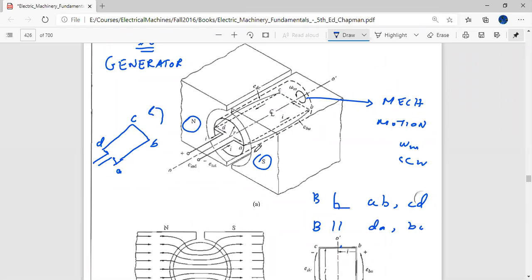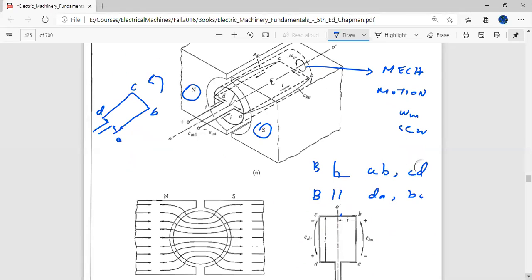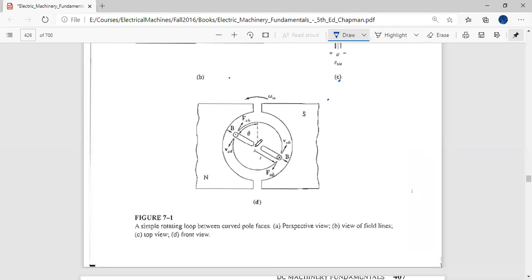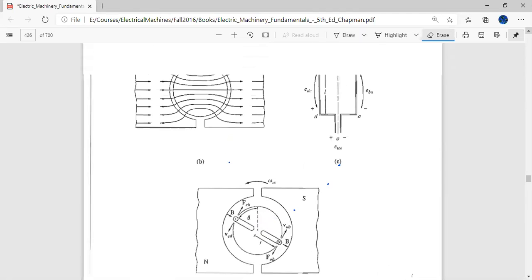So in whatever angle it has rotated, due to the fact that the pole sides are curved, the field will always be directed radially, and when the field is directed radially, it will always be perpendicular. So like over here, the field is directed radially, the field lines are going like this. So whatever the direction of the coil, these two sides will always have the magnetic field perpendicular to them, and the other two sides will always have the field parallel to it.